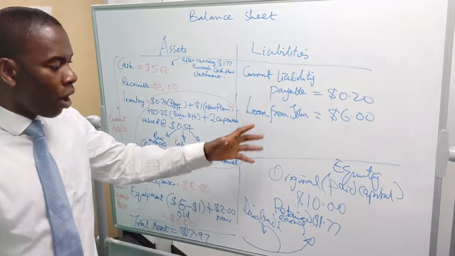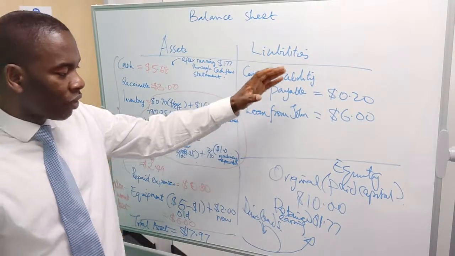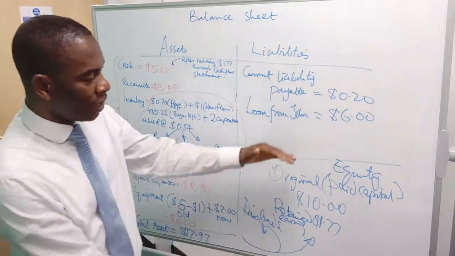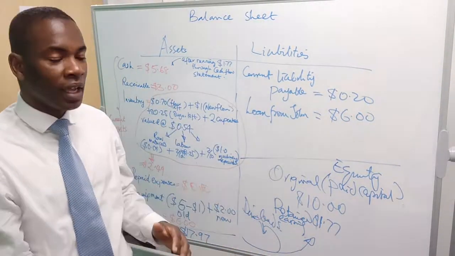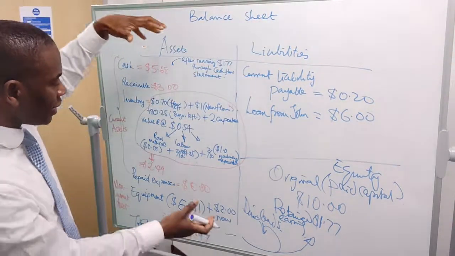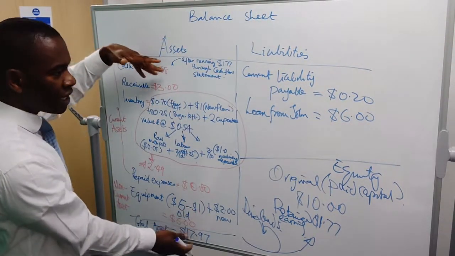So what we then do here is calculate our liability and our equity together, and see if it balances with this side.